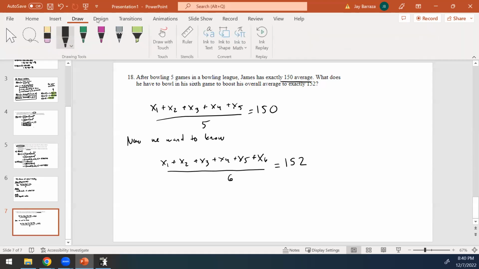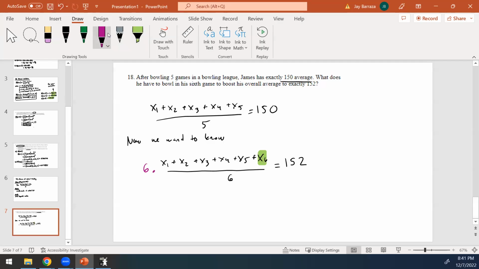Again, my goal, sorry, I keep going in circles, is to find that game. If you think about it logically, you know you have to score higher than 152, otherwise your average would be below 152. You can kind of guess and check, but since you don't know what the other games are, you have to use a little reasoning. So this is how I've done it: I'm going to multiply the 6 over.